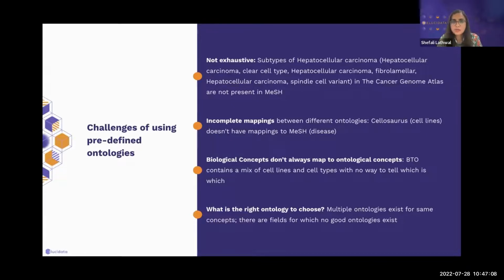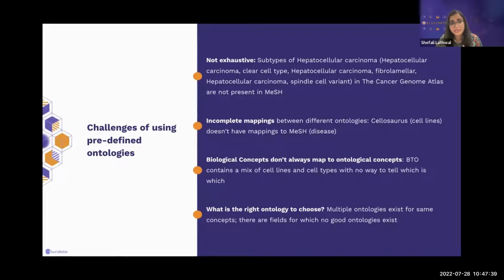Now, a third issue is that sometimes ontological concepts don't map very well to biological concepts. What this looks like is that we're using the Brenda Tissue Ontology for curating information about tissues. But this ontology actually contains a mix of terms across tissues, cell lines, and cell types. And it's very difficult to draw a boundary around which term is a tissue and which is not, because it's not clearly defined in an ontology.